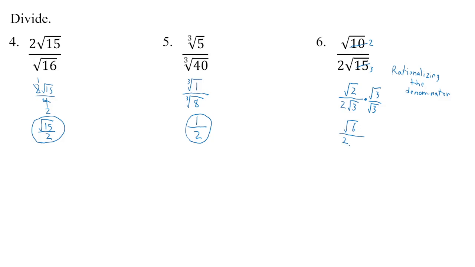The square root of 3 times the square root of 3 is the square root of 9, and the square root of 9 is 3. And finally, 2 times 3 is 6. Therefore, the solution is the square root of 6 over 6.